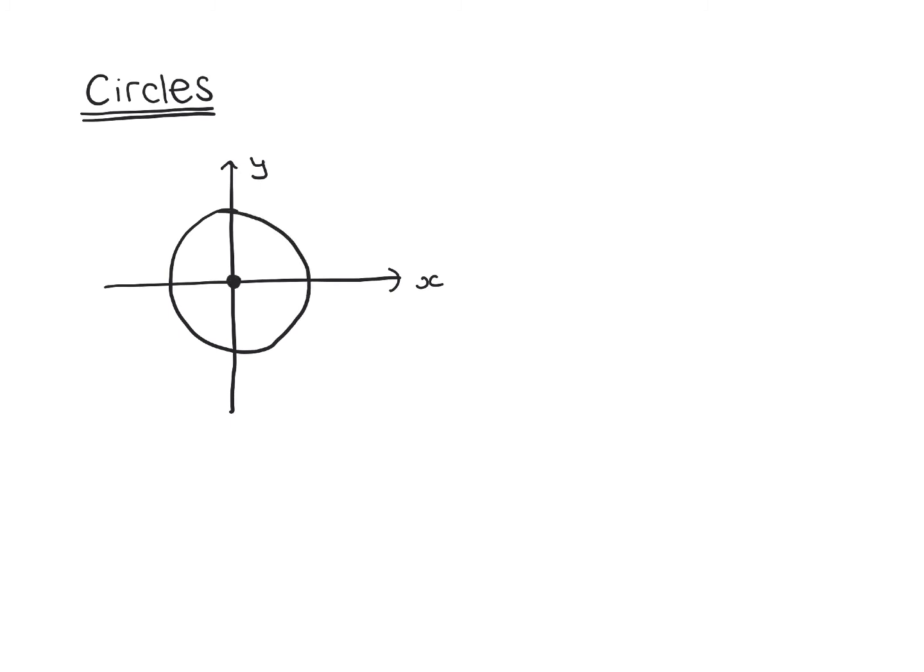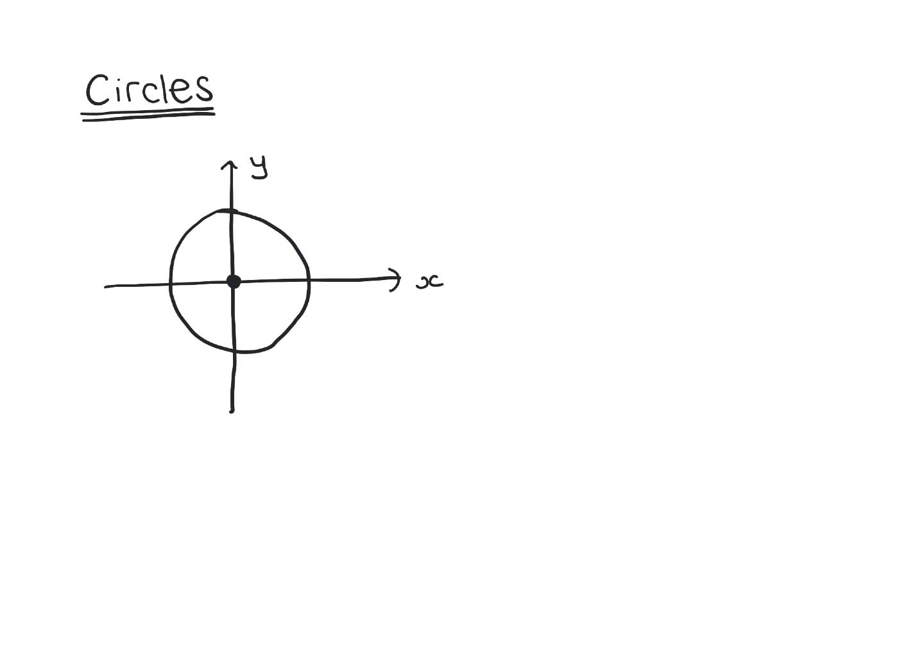If I were to draw a circle on an XY grid, with the centre at the origin, I know it doesn't look quite circle-like, but you get the idea, what is my rule between my x and y coordinates and the radius?